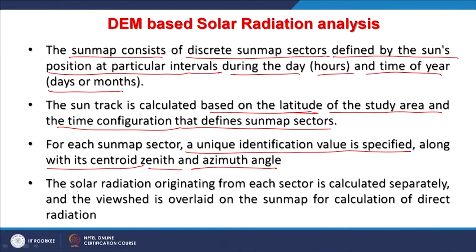The solar radiation originating from each sector is calculated separately, and then finally the viewshed is overlaid on the sun map for calculation of direct radiation. Why overlaid? Because the hindrances caused by ground features or topography have to be discarded, since you do not have sunlight reaching from those areas because of vegetation, topography and other things.